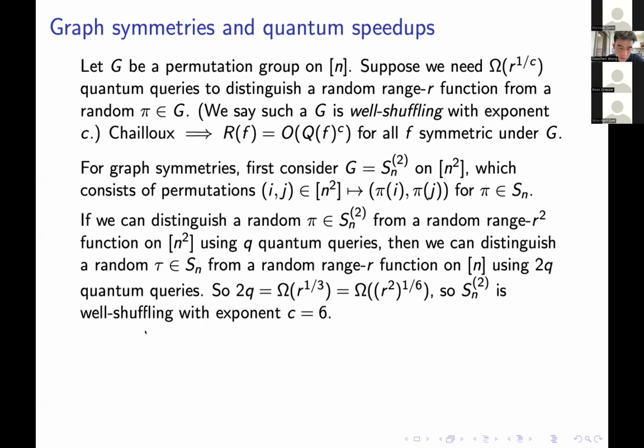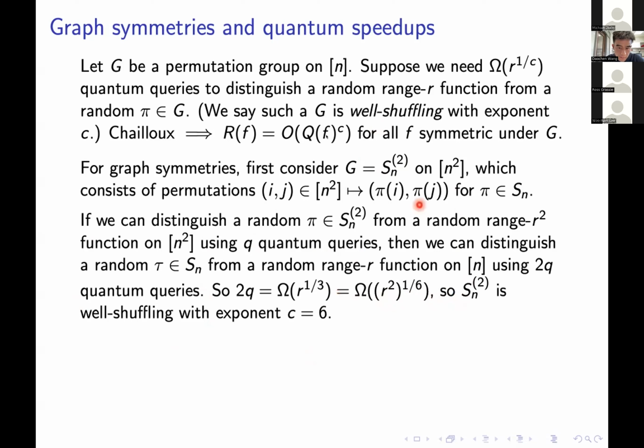But by Jandry's theorem mentioned earlier, we know that this latter task of distinguishing a random tau in Sn from a random range R function on bracket n takes at least R to the 1/3 queries, which is equal to R squared to the 1/6. We see that Sn is while shuffling with exponent C equal to 6 by the definition at the top of the slide.